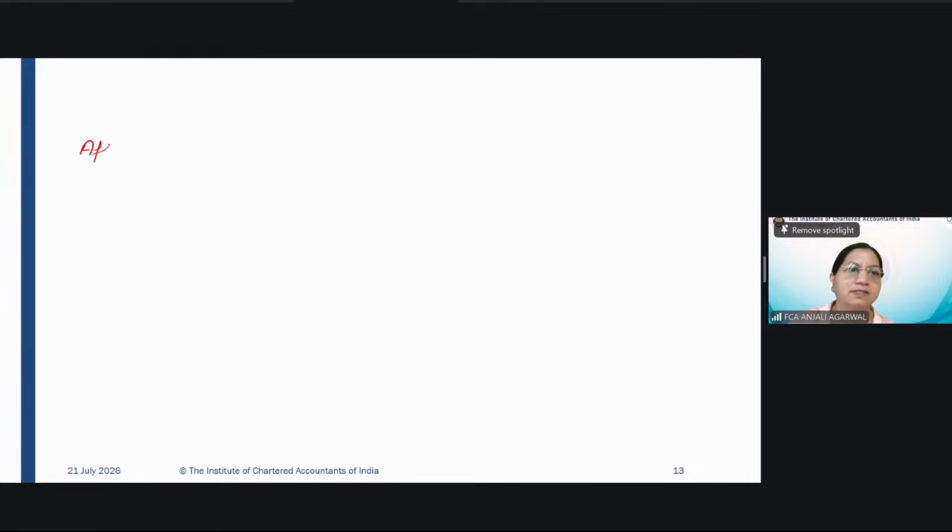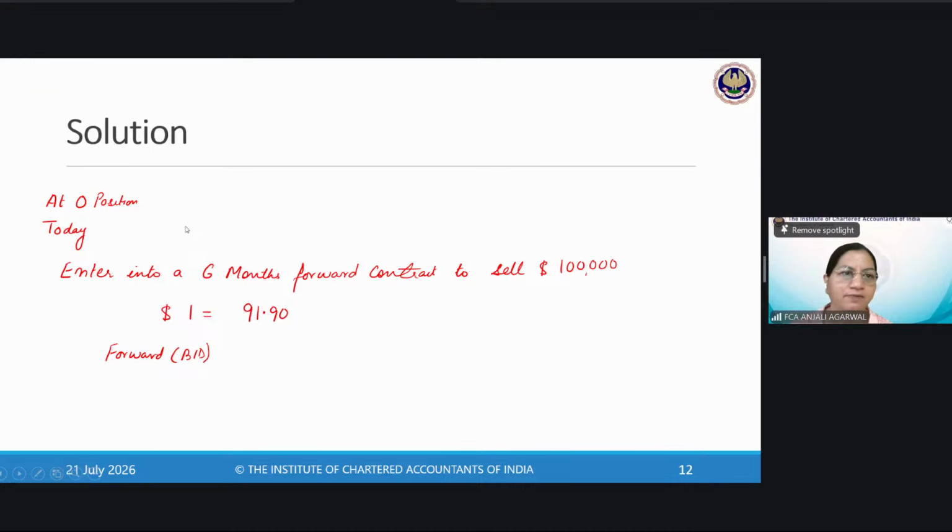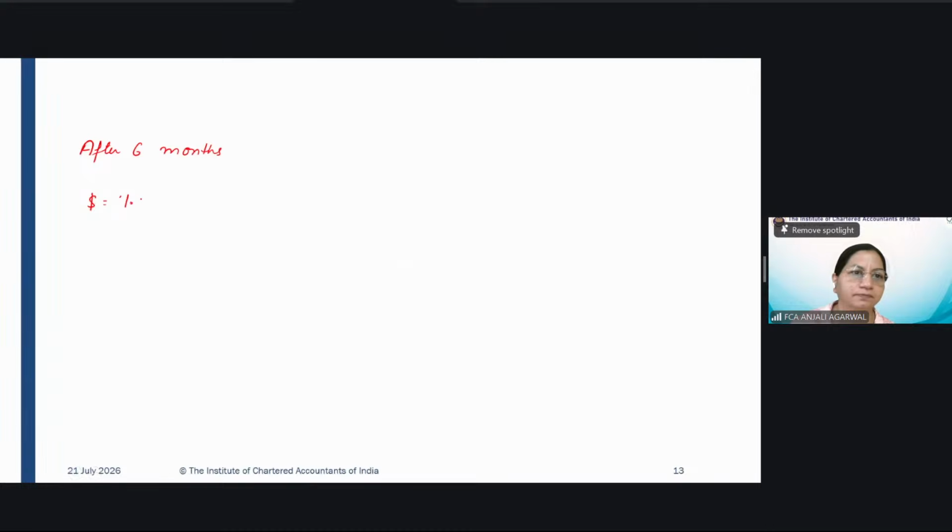After 6 months, now you have to sell dollars at 91.90 as per the forward contract. But you will not have the dollars at this time. Why?